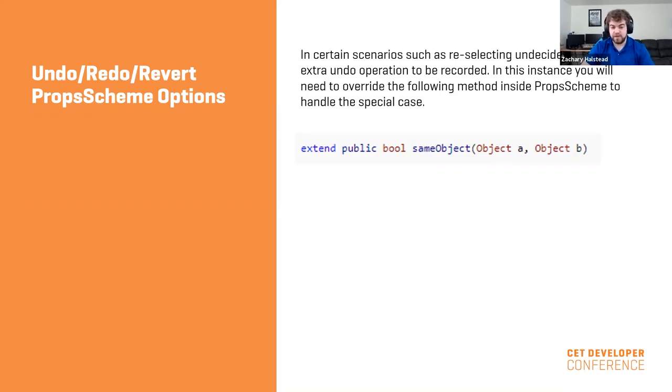So this allows you to override that so that you can say, this is undecided and this is undecided, now they're actually the same, instead of doing a base comparison. It's either doing a box comparison or an object-to-object comparison, which doesn't necessarily paint a complete, accurate picture. So in cases like that, you would want to override this to get that functionality working properly.